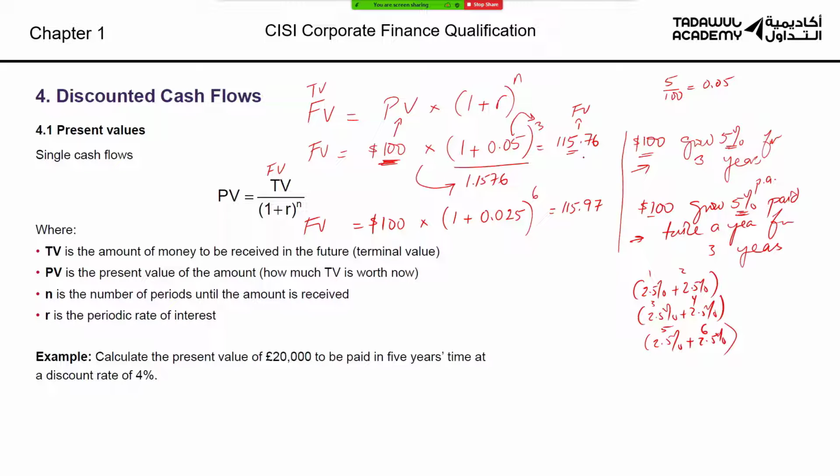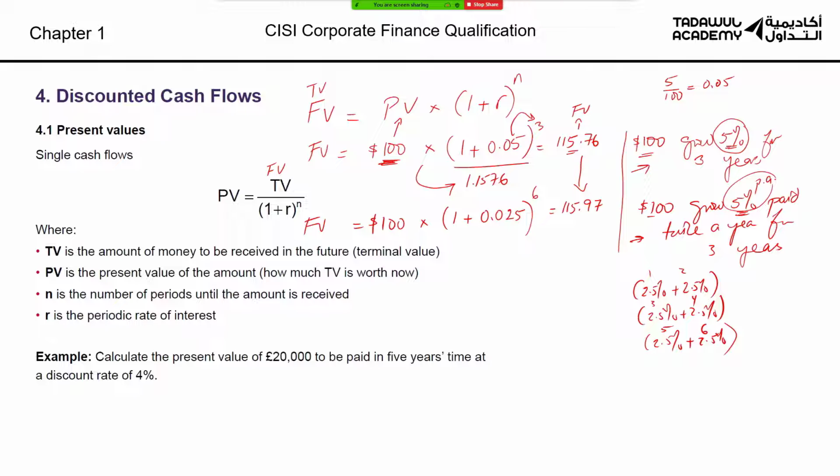So you notice that we end up getting a bigger amount. Of course, if this is in millions, you're going to get additional hundreds of thousands of dollars. Even though technically I am still getting 5% per annum, nothing has changed. What has changed is how frequently this is being compounded.